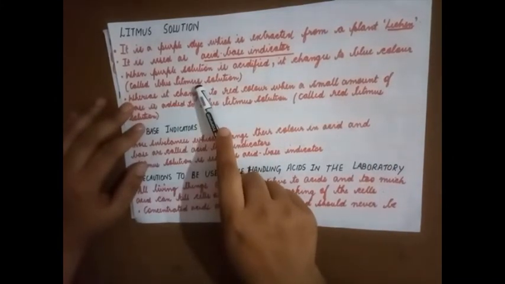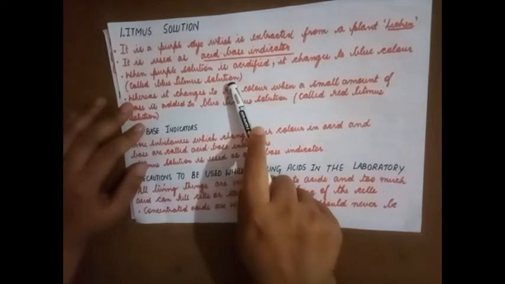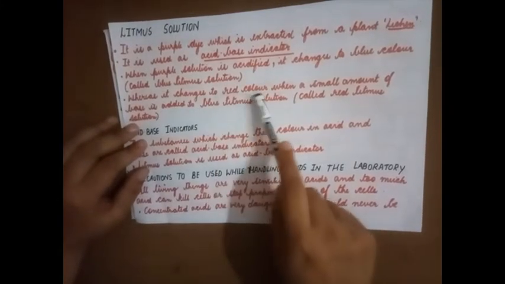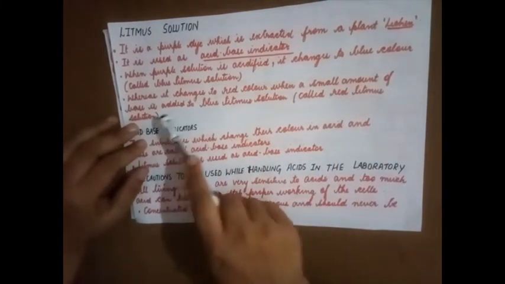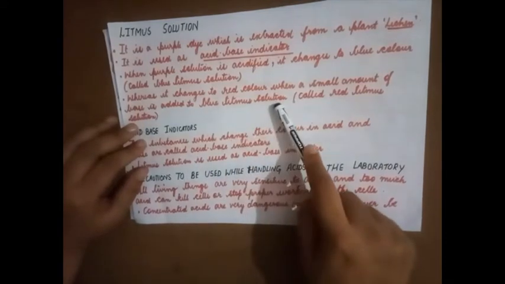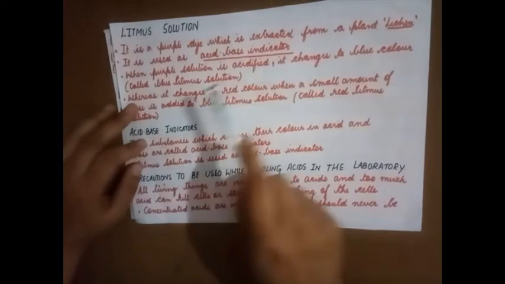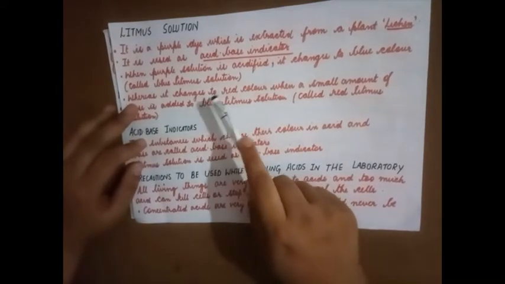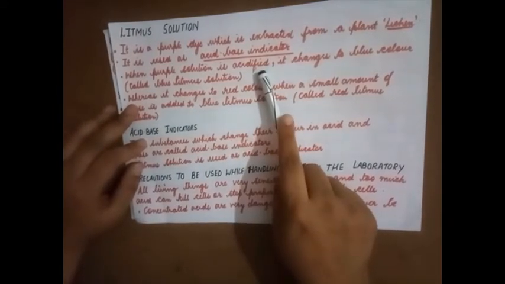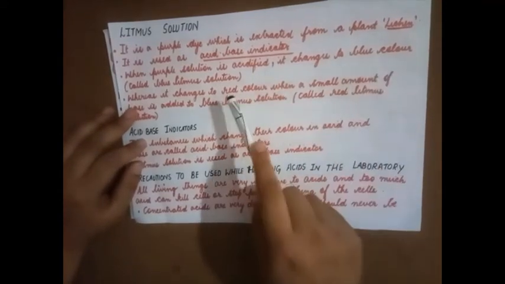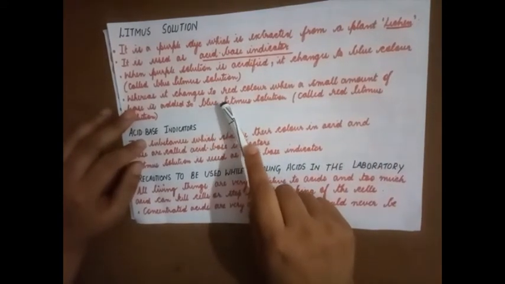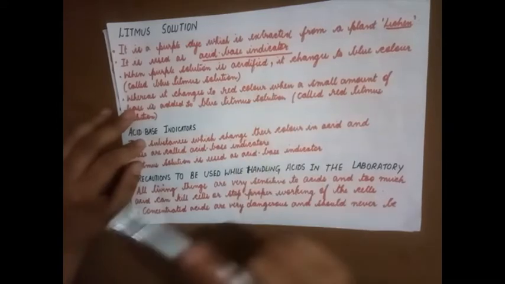Now that solution is called as red litmus solution. Whereas it changes to blue color when a small amount of base is added. Then it is called as blue litmus solution. So, in presence of an acid, the color change what you see is red. But whereas in presence of base, the color change what you see is blue.